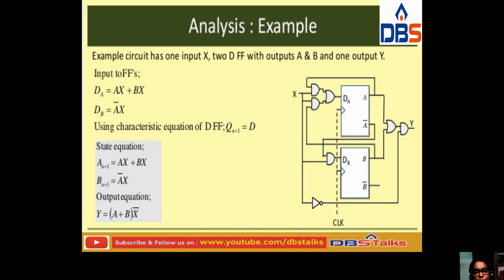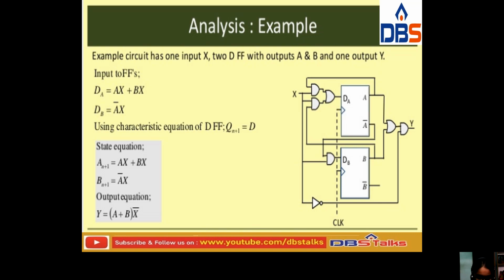Here the input to the flip-flops is ax. This is the AND operation that we are going to perform here. So ax plus bx is what we are going to perform, because a into x is the AND operation.